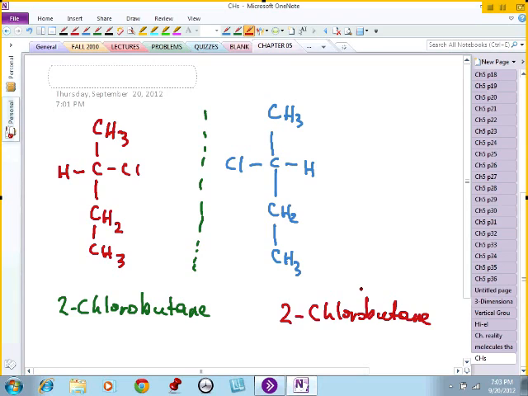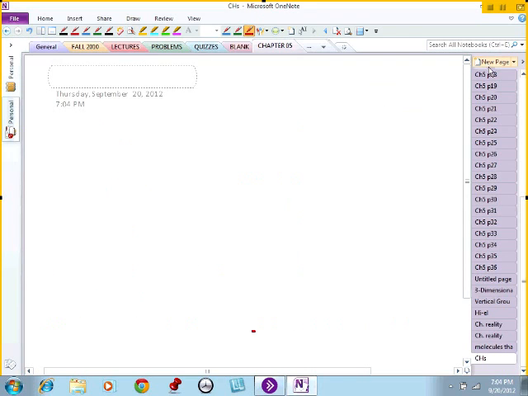So now that takes us to the nomenclature of stereoisomers. So we're going to put a question mark here.